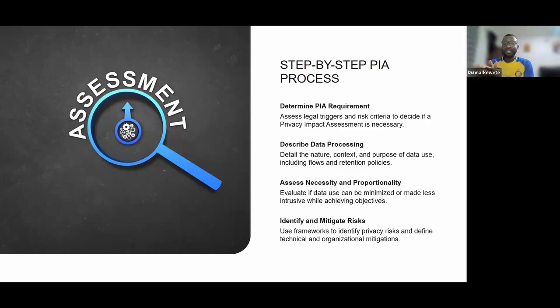Everything has been done appropriately. The PIA report is a key accountability document. It's very, very key. You can't be through with the assessment and you don't give a report. No. It must be made available to all stakeholders. Very, very important. All stakeholders.